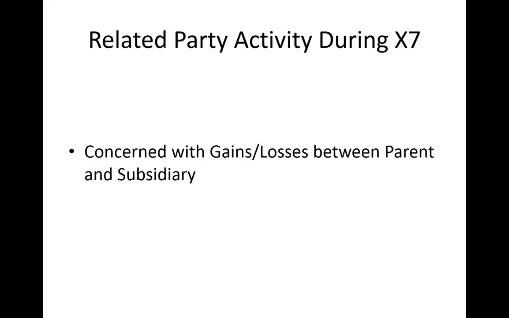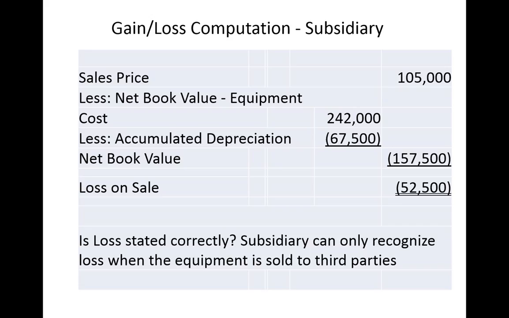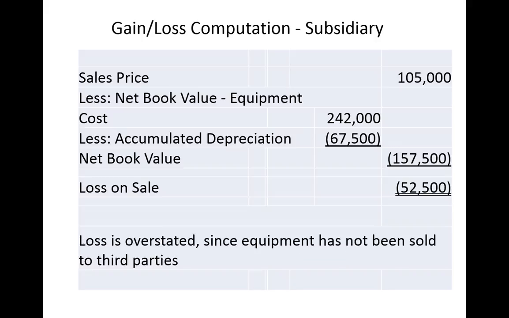So we can now go back to the equity method of accounting and record any transactions related to the sale. We do see that there is a loss. We do see that since the deferral is there, the loss is overstated. So remember that on the subsidiary's records, they have a loss, or this is reducing their net income by 52,500.